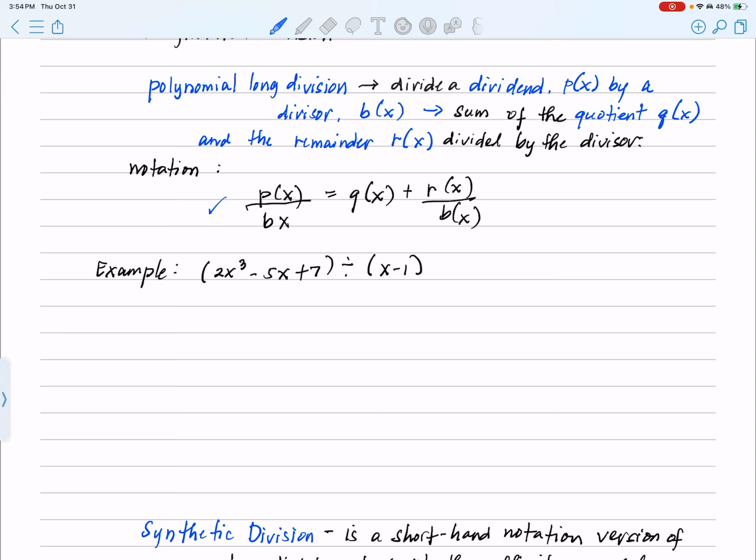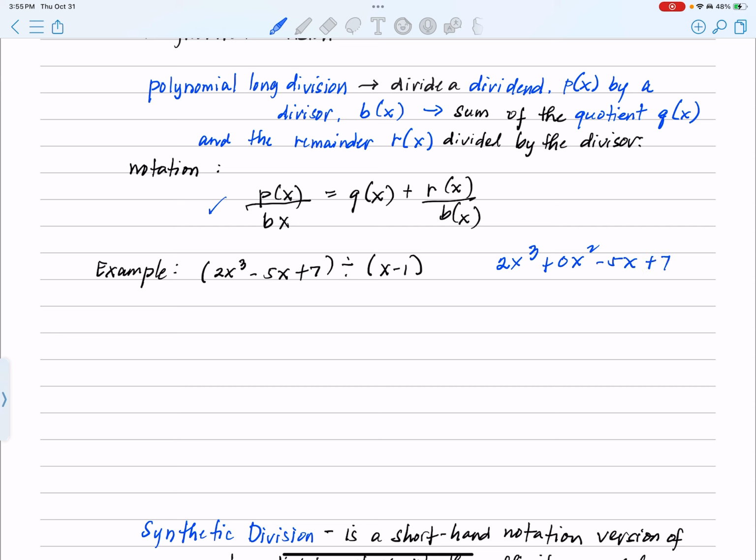So in this case, 2x cubed, then the next is 5x, so the next term should have an x to the second power. That is the missing term. What we're going to do is write it as 2x to the third plus 0x squared minus 5x plus 7.